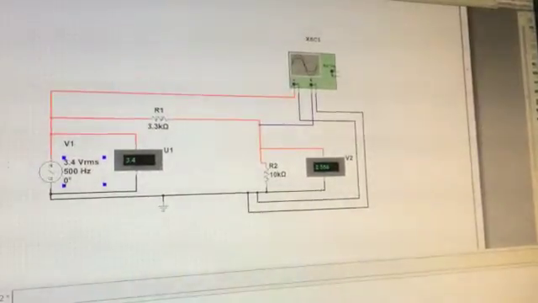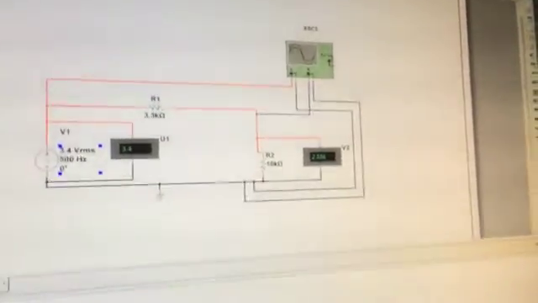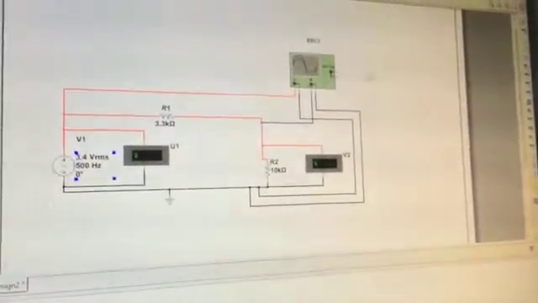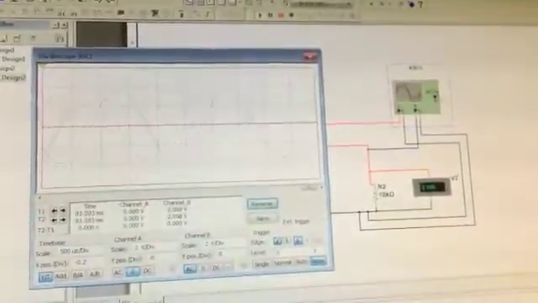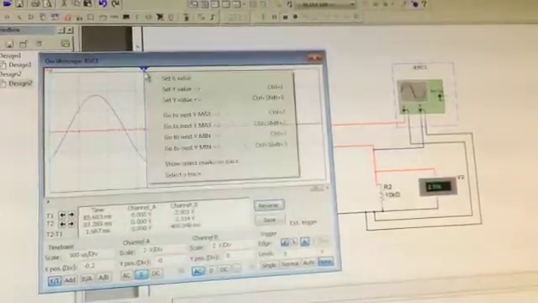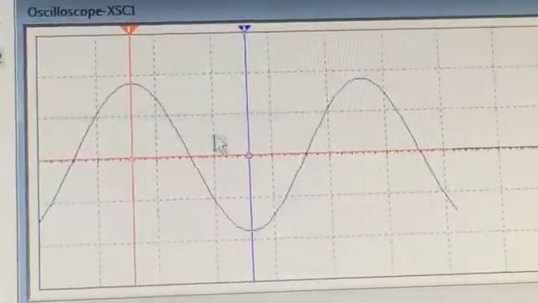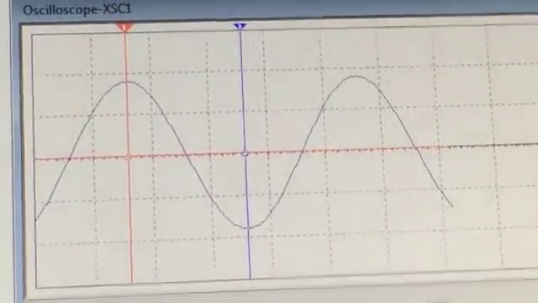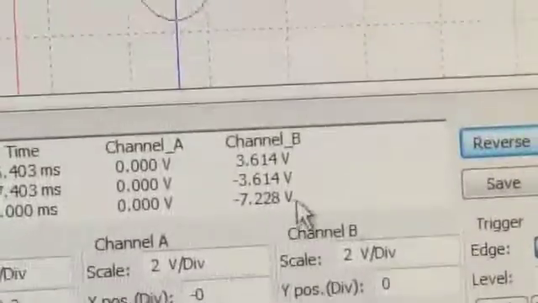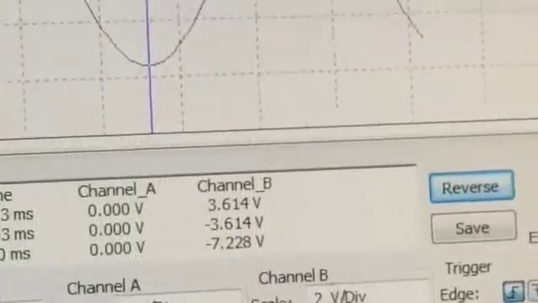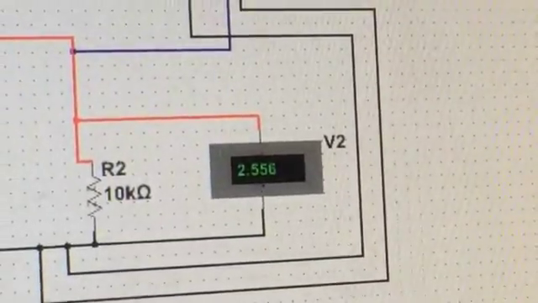As we continue our experiment here, we will now measure the voltage peak to peak for channel B, which gives us a value of 7.228 volts peak to peak, and a voltage RMS of 2.556 volts.